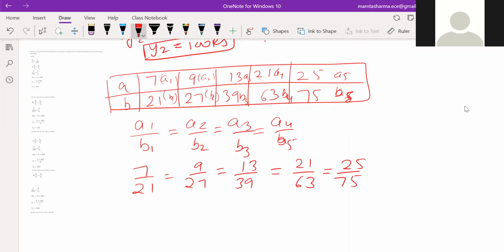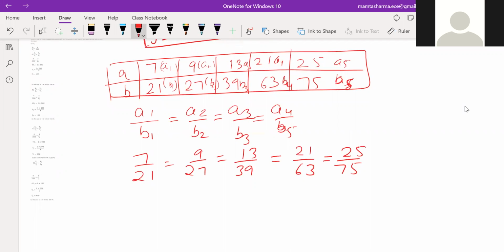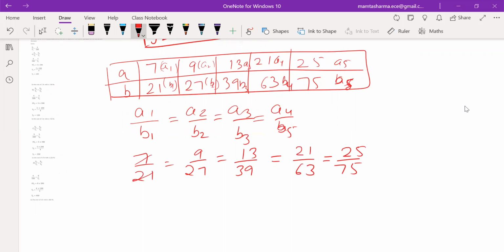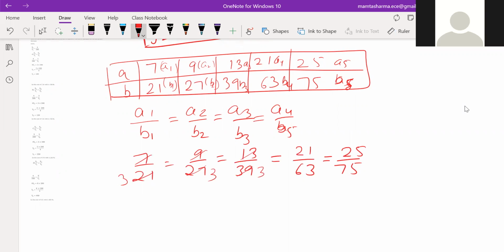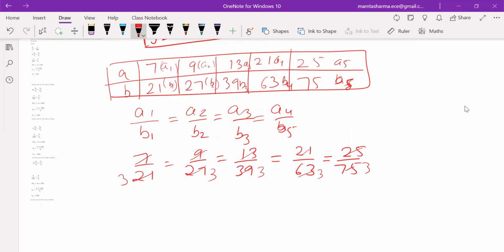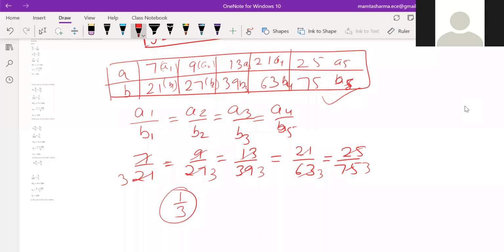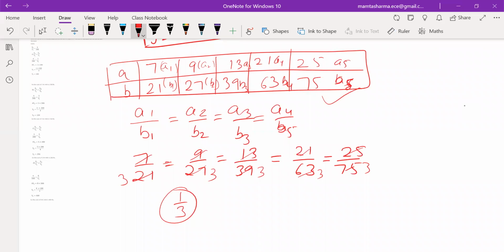Are the ratios equal? 7 threes are 21, 9 threes are 27, 13 threes are 39, 21 threes are 63, 25 threes are 75. So all the ratios are equal. They are equal to 1 by 3. It means they are in a direct proportion. Clear? Yes, ma'am.